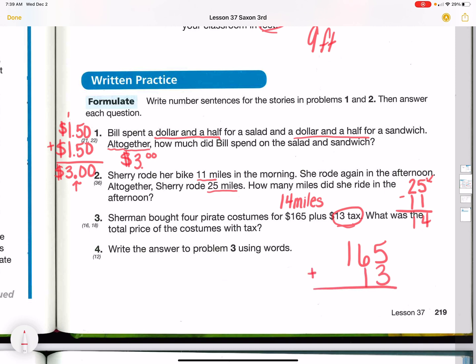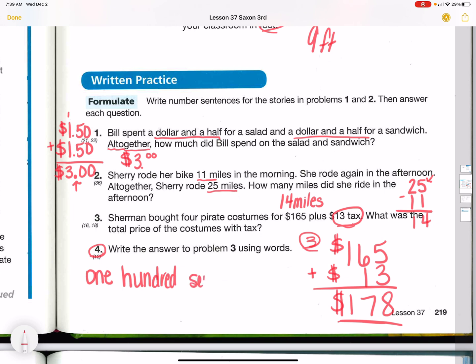So add $165 and $13. 5 and 3 is 8, 6 and 1 is 7, $1 sign. And then this tripped us up yesterday too. It just wants us to write the answer to number 3 in words. And that answer that we got is $178.